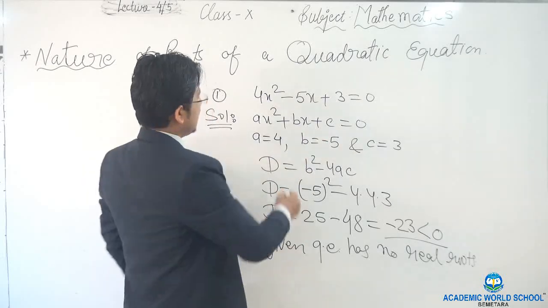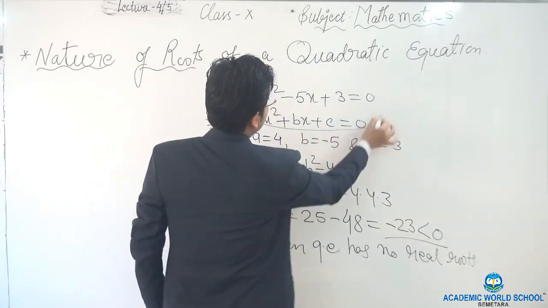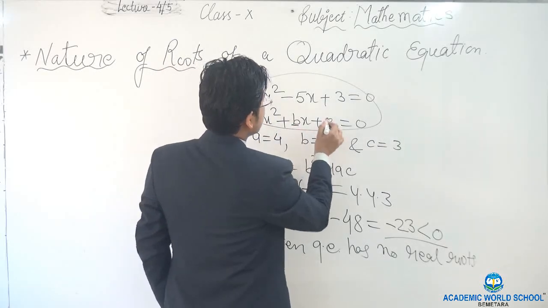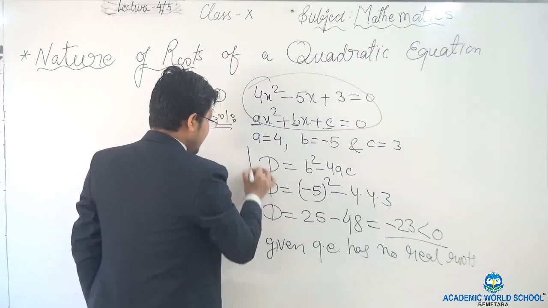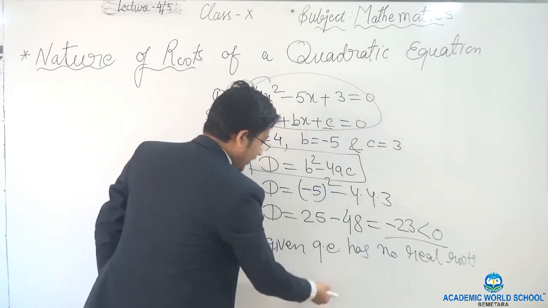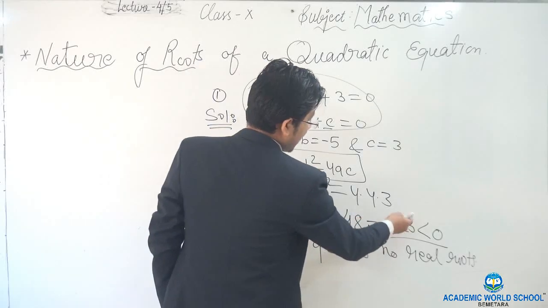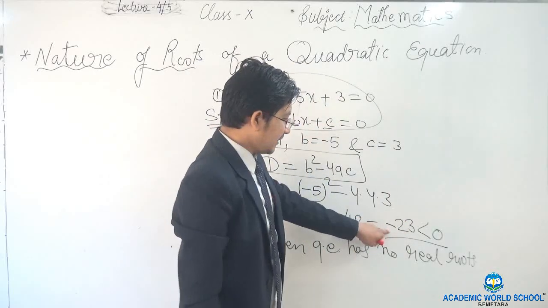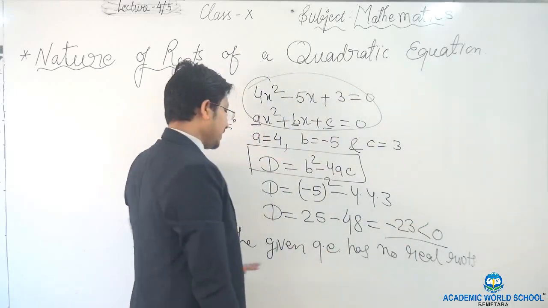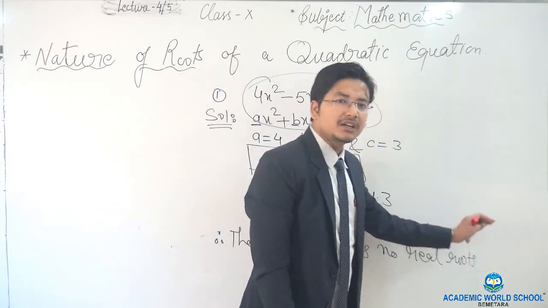First, we compare and get the values of a, b and c from the given quadratic equation, and we know that D is equal to b square minus 4ac. Putting the values, I get the value of D. Since D is negative, that is minus 23, which is less than 0, the given quadratic equation has no real roots.